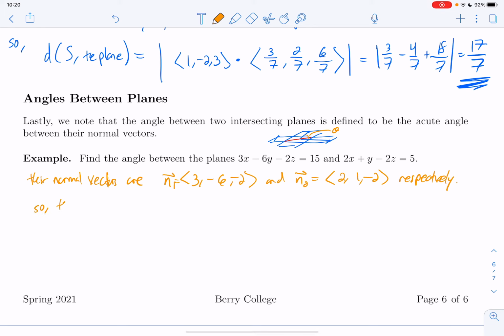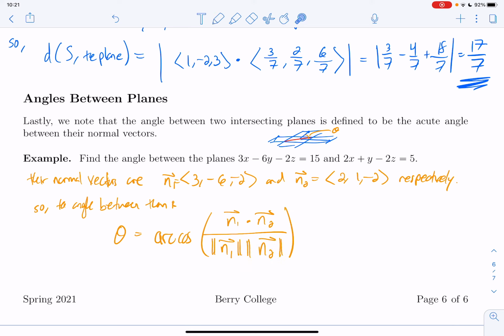So the angle between them is theta, which is, well, we'll call it the arc cosine of exactly the formula we had way back earlier in the chapter. It's going to be the dot product of these two vectors over the product of their magnitudes.